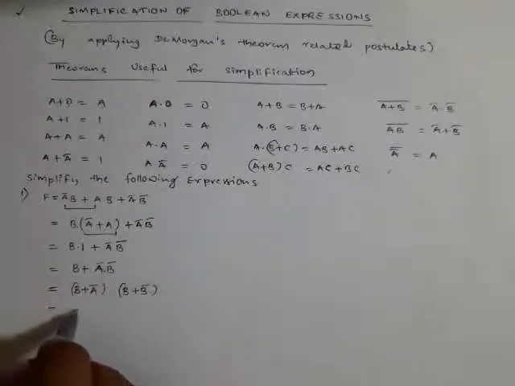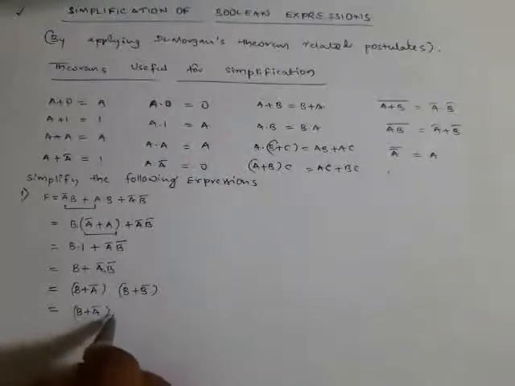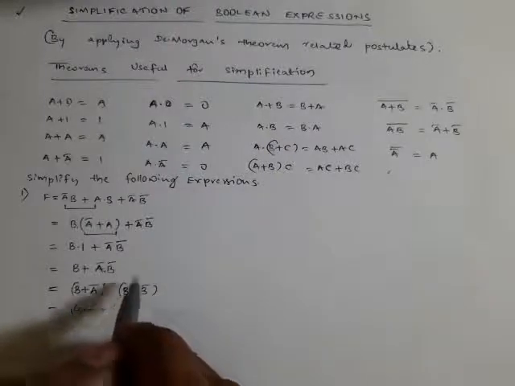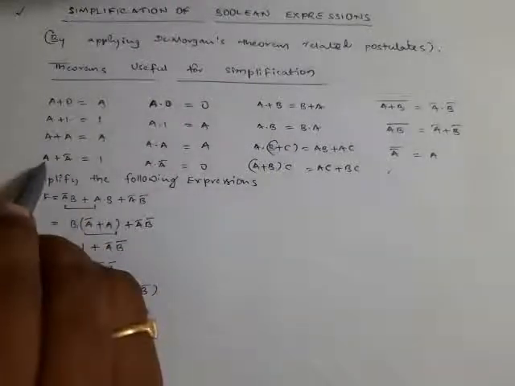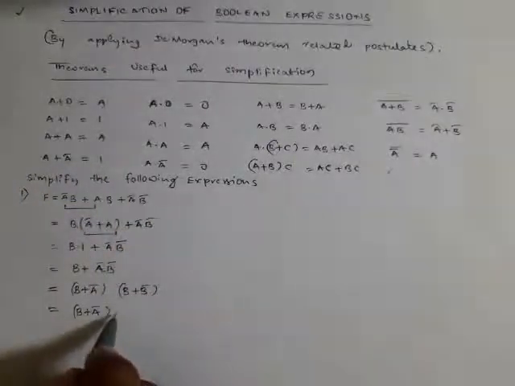Here you can see b plus b bar, an OR operation performed between the variable and its complement, is equal to 1. So b plus b bar equals 1.